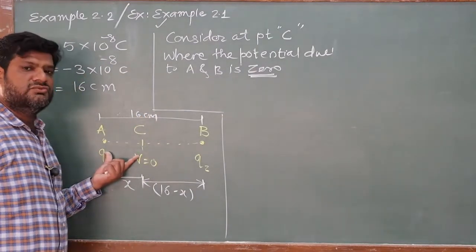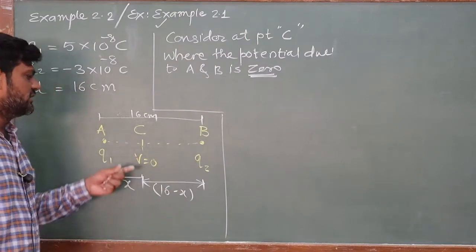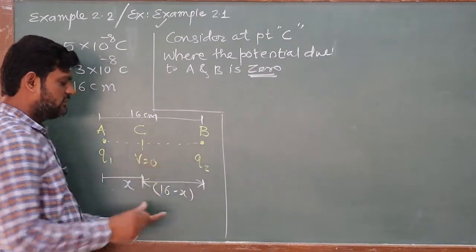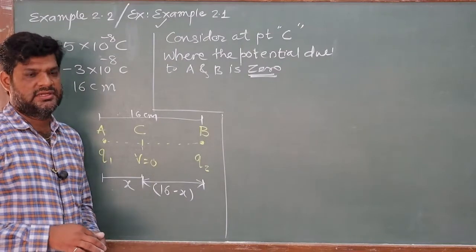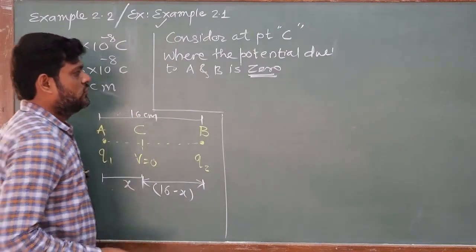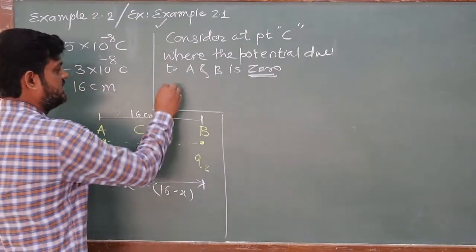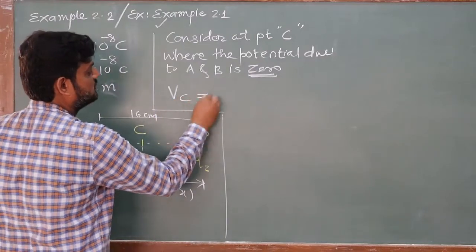If this distance is x, then obviously the distance between C and B will be 16 minus x, right?